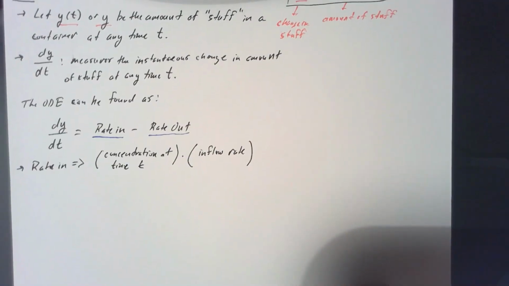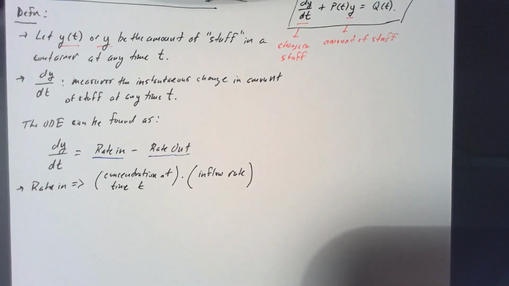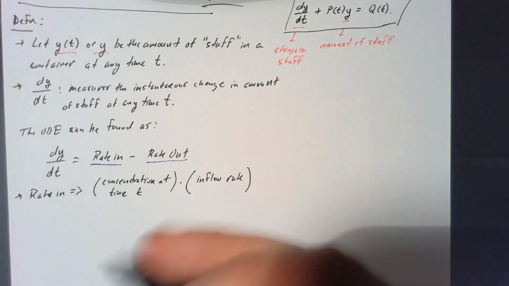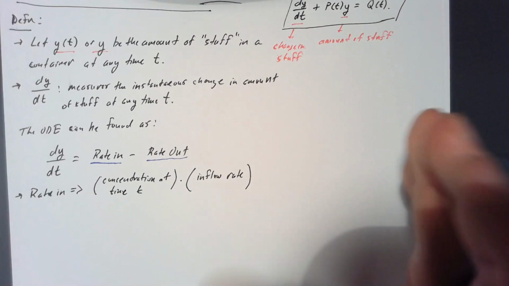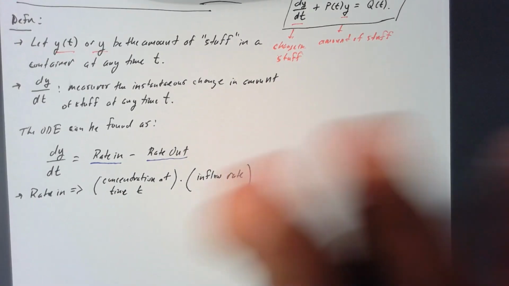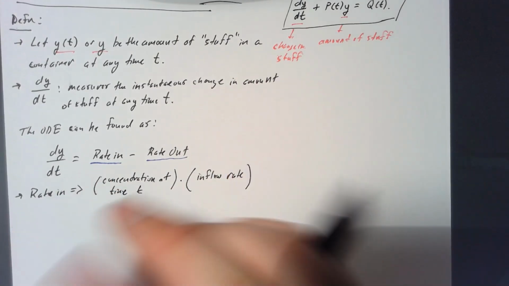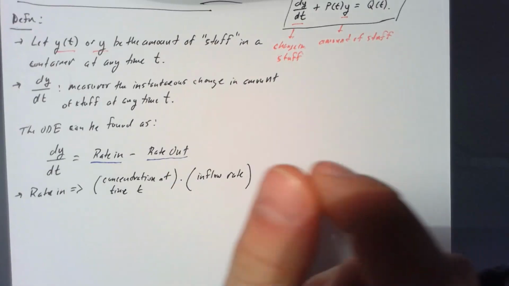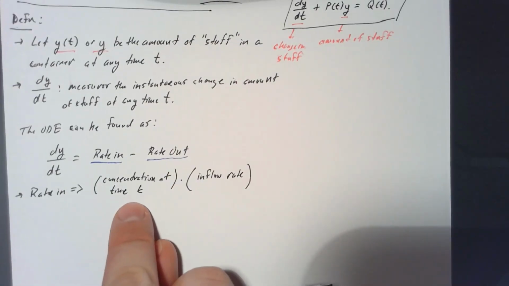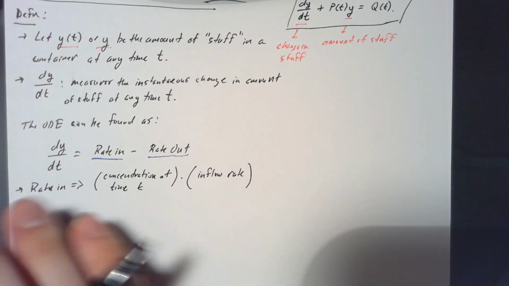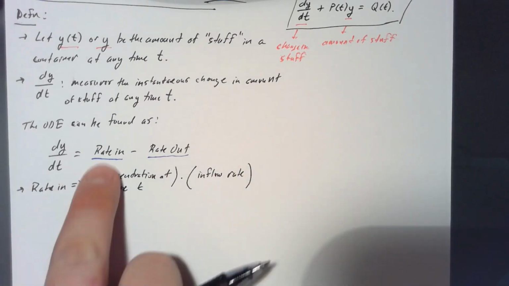You'll see what I mean when we make these problems, but if stuff is coming into the tank, right? That stuff could be pure water. It could be a mixture of water and the stuff we're trying to find, right? So that concentration times the rate at which it's flowing in is going to give me my rate in term right here.